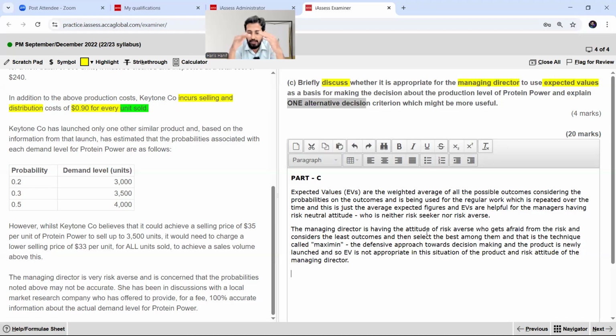That is why I have written in what circumstances expected values are useful and who should use them. Since she is risk averse and the product is new, EV is not suitable. She should use maximin, and I have also explained that. That is the beauty of the discussion. For 4 marks we have written enough, and it is a well drafted calculation and discussion based answer.